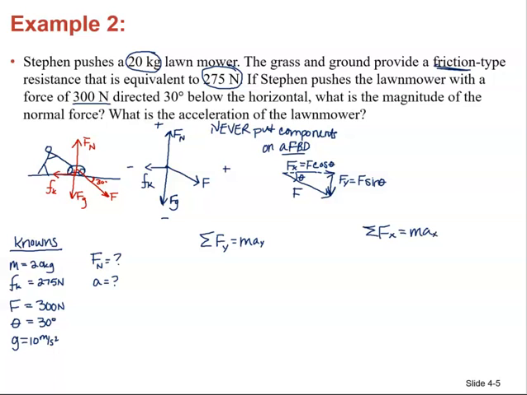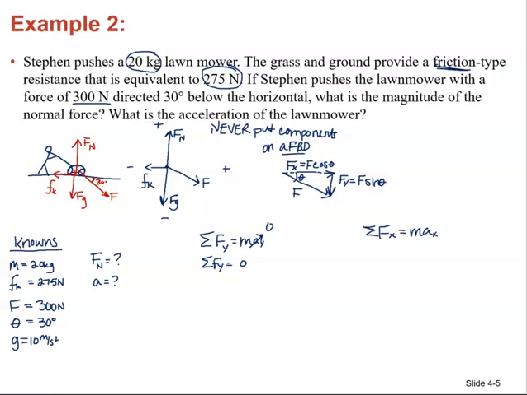So let's start with the vertical. Well, this lawnmower is not moving up, it's not moving down. So the acceleration vertically is going to be 0. So the vertical forces are going to add up to 0. So now we're going to write down all of the forces that have any part or any component on the vertical axis, the y-axis.